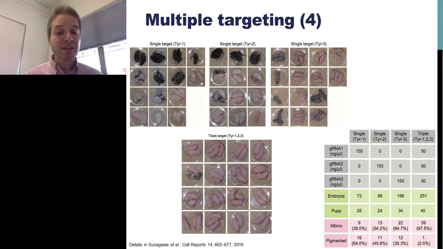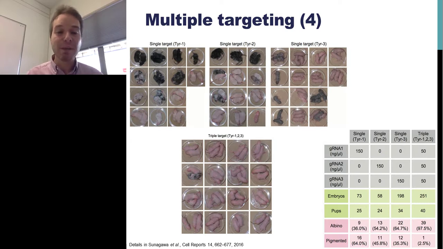But the interesting thing is, if you deliver all targets at the same time into the same embryo, then all but one of the pups are completely white. And so we had 40 pups in the offspring in total. So that means a 97.5% first generation double knockout, biallelic knockout efficiency.